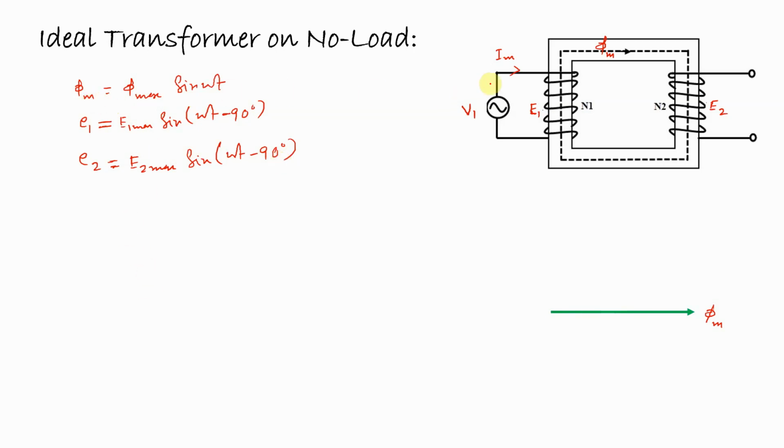The phi m is basically produced by the magnetizing current Im, because we have already discussed phi m will be equal to magnetizing current into number of turns upon reluctance, and the nature of the current is sinusoidal.